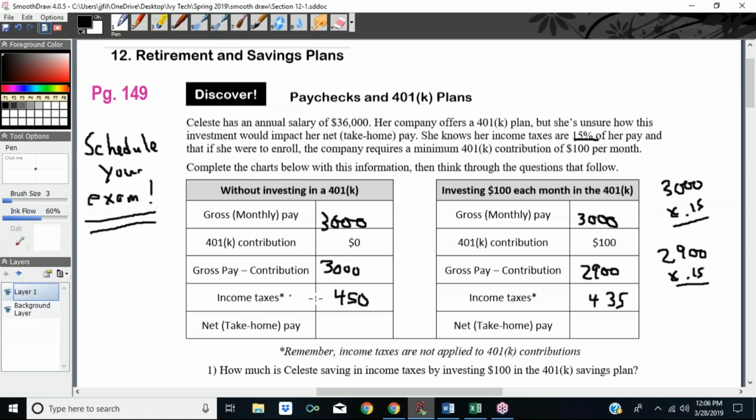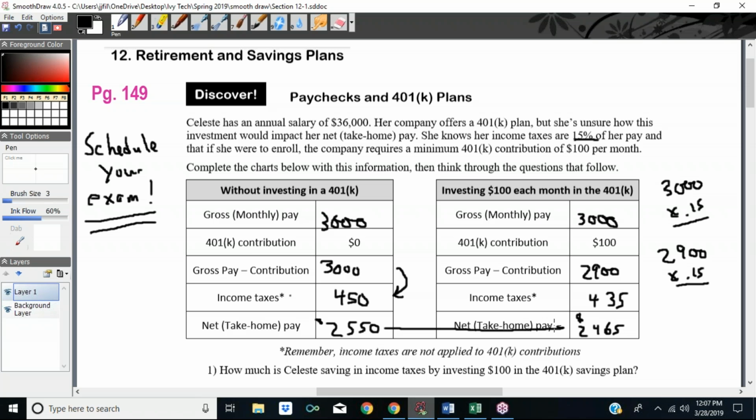And so the take-home pay is the difference in these two. So 3,000 minus 450 is 2,550. And then the other one, 2,900 minus 435, that looks like 2,465.